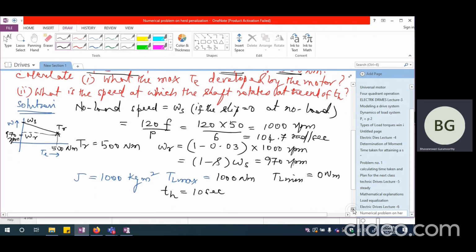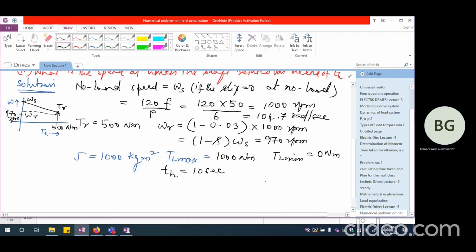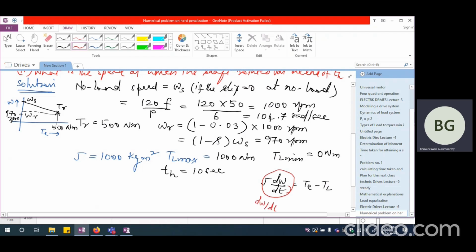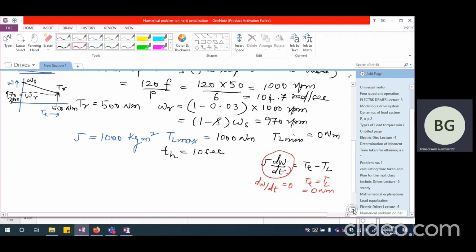So that means if it reaches a steady speed, J d omega by dt equal to TE minus TL. That's what we write. So if a steady speed is reached, that means d omega by dt is going to be 0. So d omega by dt becoming 0 means TE should be equal to TL, which is equal to 0 Newton meter during light load period, especially at the end of light load period.